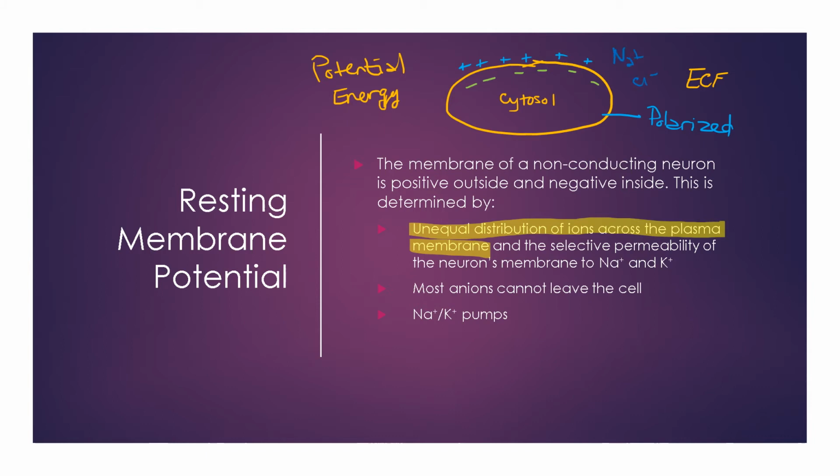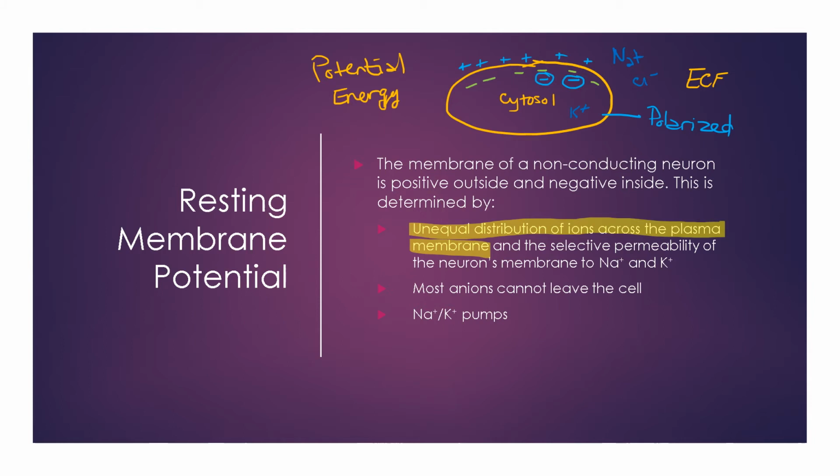Sodium is going to be very abundant, and it's a positive ion. But in the cytosol, the main cation is going to be potassium. And there are going to be two dominant anions, which are phosphates attached to molecules, like the 3 phosphates in ATP, and amino acid proteins. These are both very large negatively charged anions.